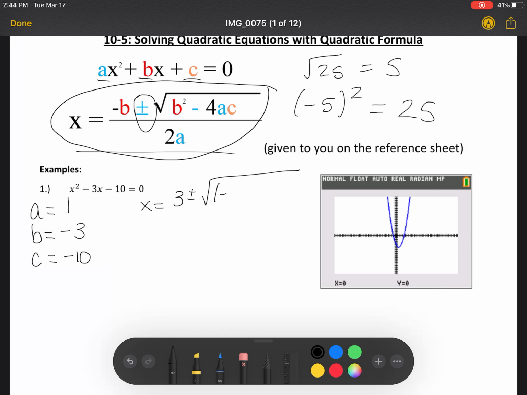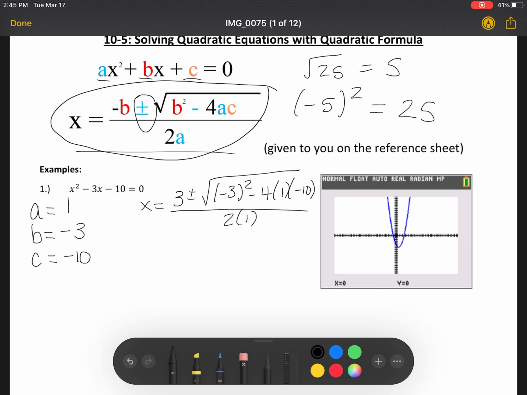B squared, negative 3 squared. And I'm going to make sure I put that negative 3 in parentheses so that when I type this into my calculator, it's squaring the negative and making it positive. Minus 4 times a, which is 1, times c, which is negative 10. And then we're dividing all of that by 2 times a, which is 1.